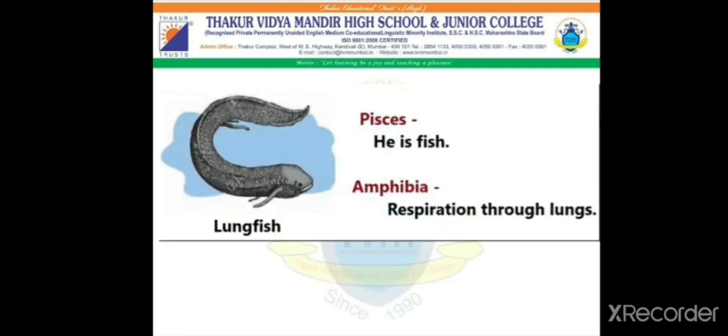The third example is lungfish. Lungfish shows the characteristics of Pisces and amphibians. Like Pisces, it is a fish, and like amphibia, it shows respiration through lungs. So these are examples of animals which show a connecting link between 2 different classes of animals.